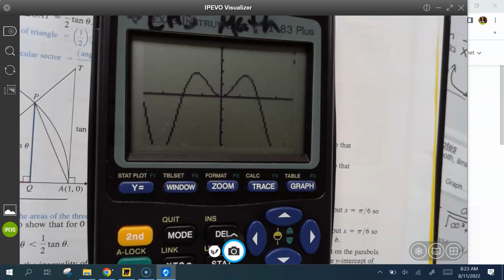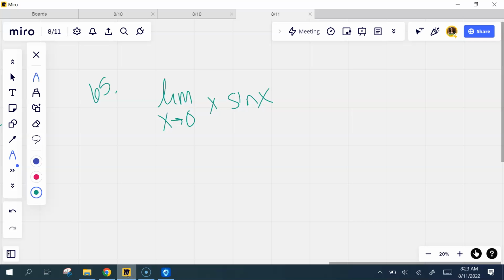I said graphically, it looks like the limit as I approach 0 is what? 0, right? So let's confirm it with the squeeze theorem. I know that sine of x is going to lie between what and what all the time?